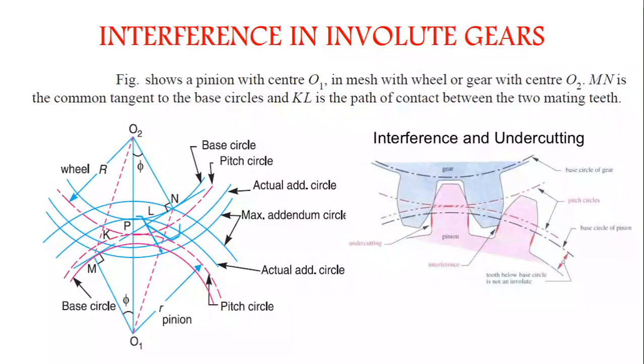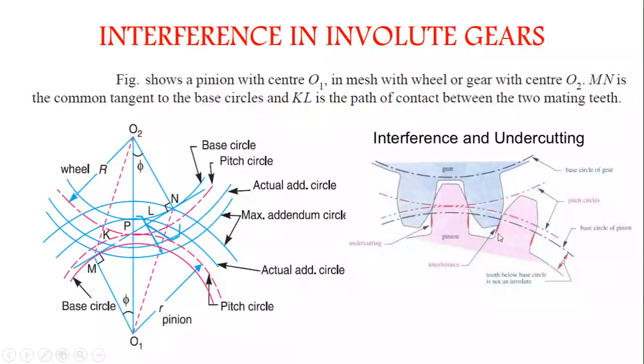The end of the gear teeth cuts into the pinion gear teeth. Because of the increased addendum radius, the end of the tooth touches the pinion.